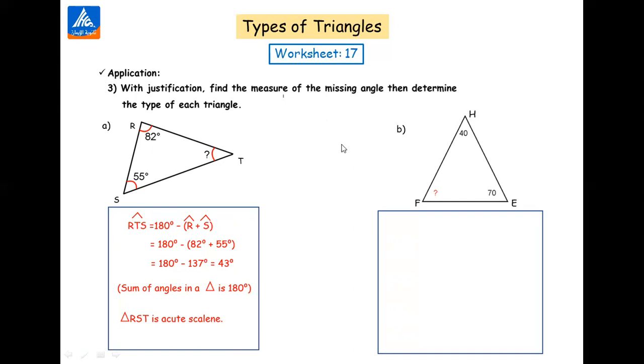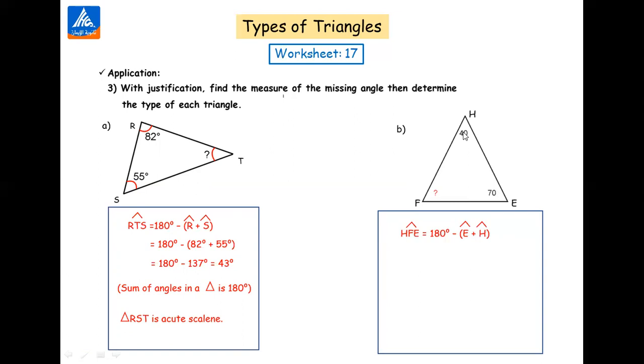Let's move to the second example. I have that angle H is 40, angle E is 70, and I know that the sum of angles in any triangle is 180 degrees. So angle F is going to be 180 minus H plus E. Why?